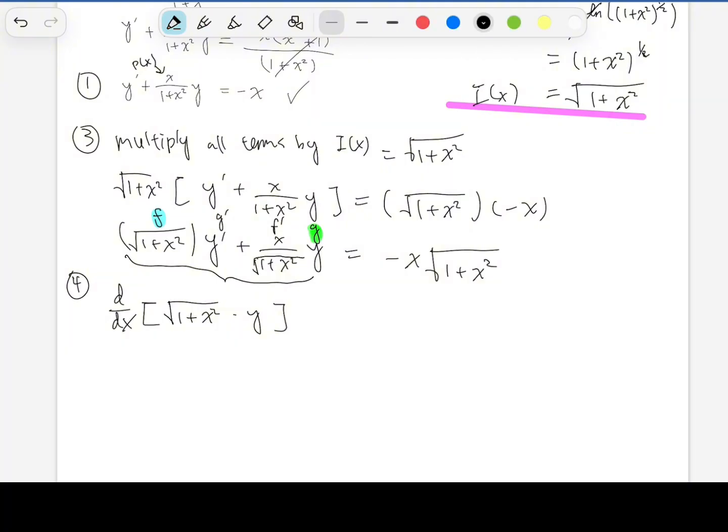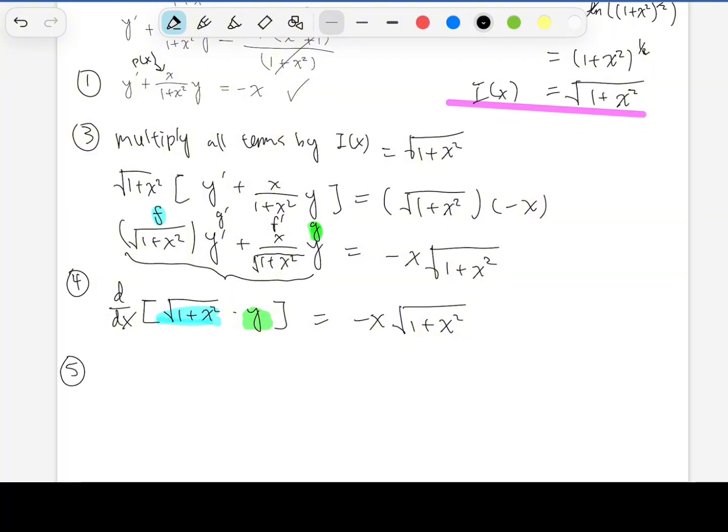And this is our f. And this is our g. Equals negative x times the square root of 1 plus x squared.